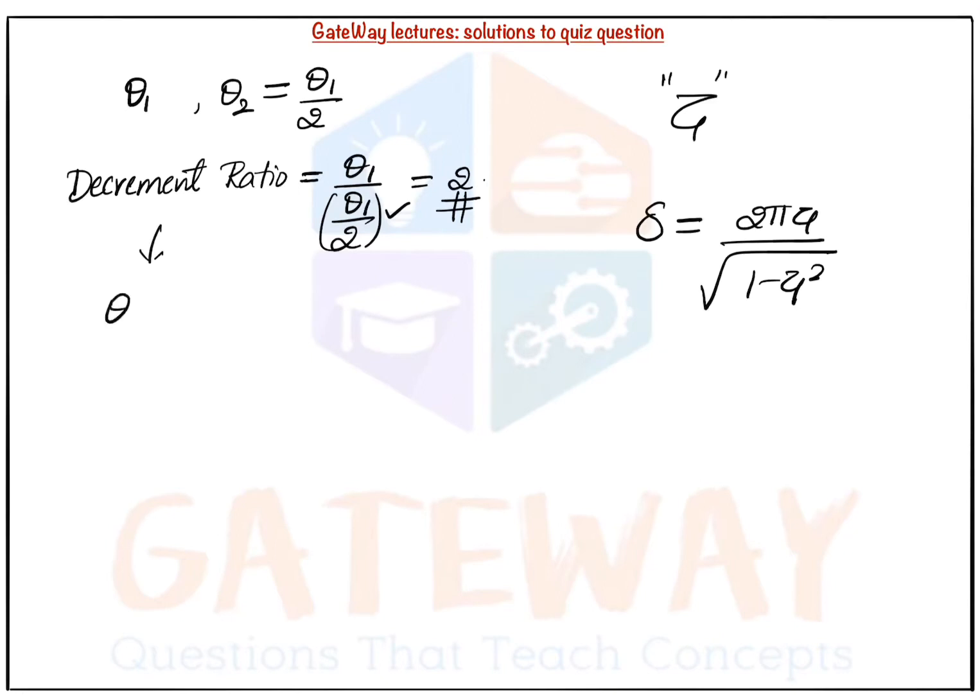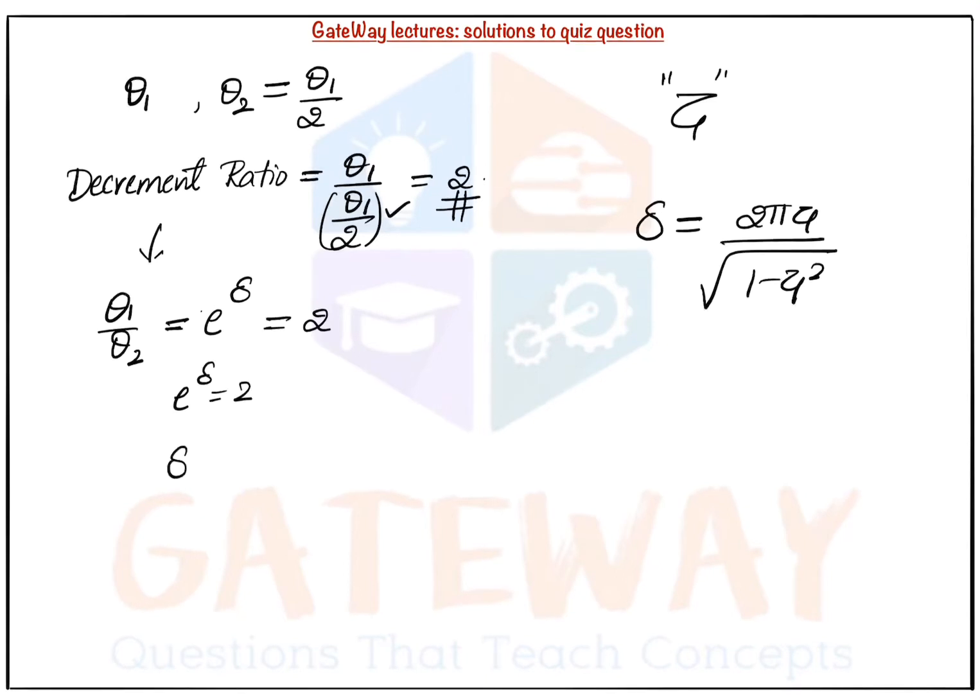Theta 1 upon theta 2 is e power delta, and this value is 2. Taking the natural logarithm on both sides, delta is equal to ln 2.